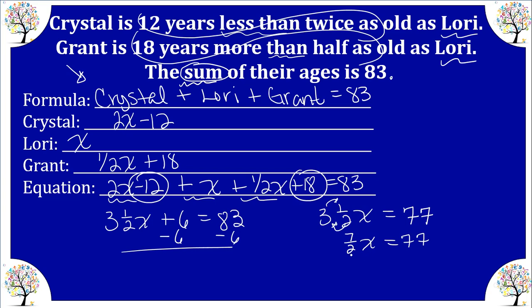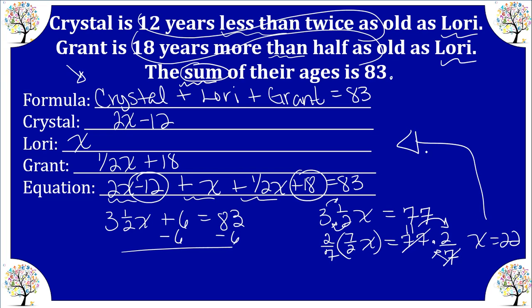Now when I divide by 7 halves, that's the same as multiplying by its reciprocal, on both sides. So now I can either multiply straight across and then divide, or I can divide and then multiply. And I like to do that when the denominator can divide into the whole number, and that's 11. And then now I multiply it by 2, and x equals 22.